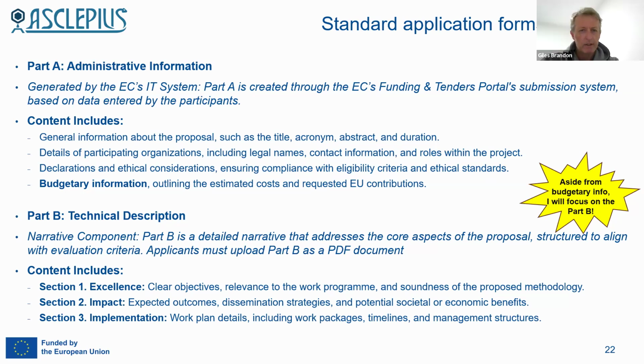So the part A of your application, it's created through the European Commission's funding and tenders portal submission system, and it's based on data that's entered by the participants. So the sort of content, the data that gets put in, it includes the following. It'll be general information about the proposal, such as the title, acronym, abstract, and duration.